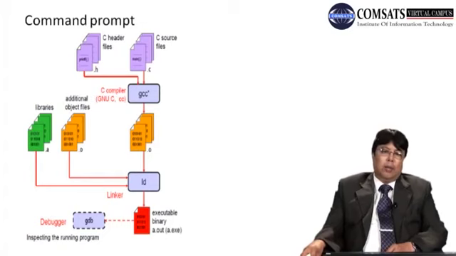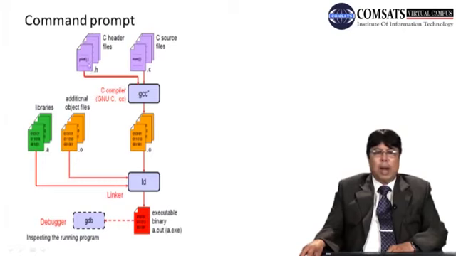So here we use this GCC compiler on the command prompt and we pick up all the source files. We use these header files. These header files are basically the libraries that we combine with our source files, combining both of them together using the GCC compiler. Then the compiler produces an object file with extension .o. Here we can use additional object files together.